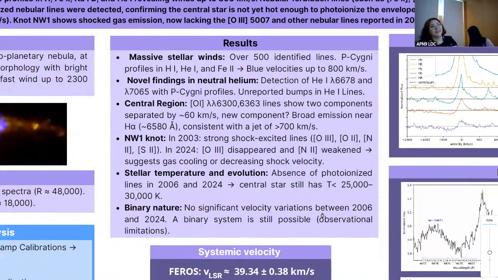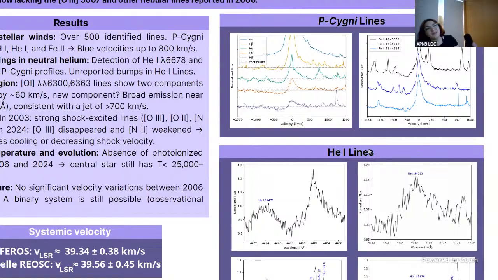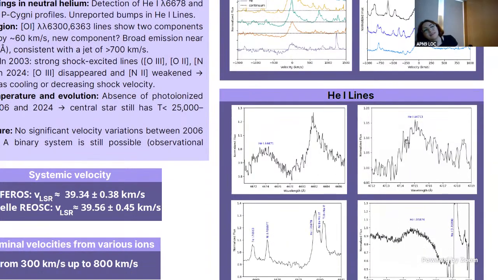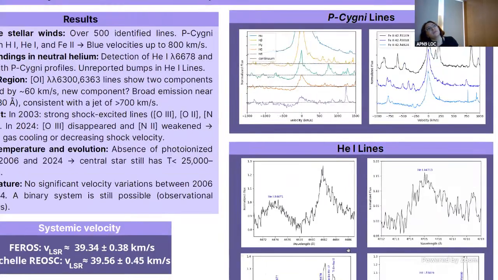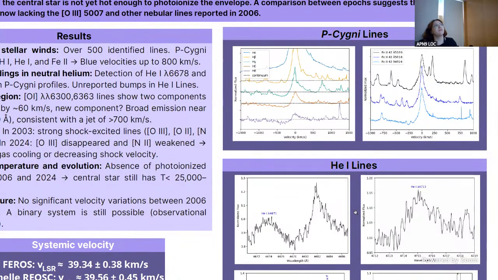Well, essentially, we found these bumps in helium lines that hadn't been reported before. So this is very interesting because we have very high resolution data, and we have a full line table characterizing this object. We also have blue velocities from all the Persigny lines that we found.